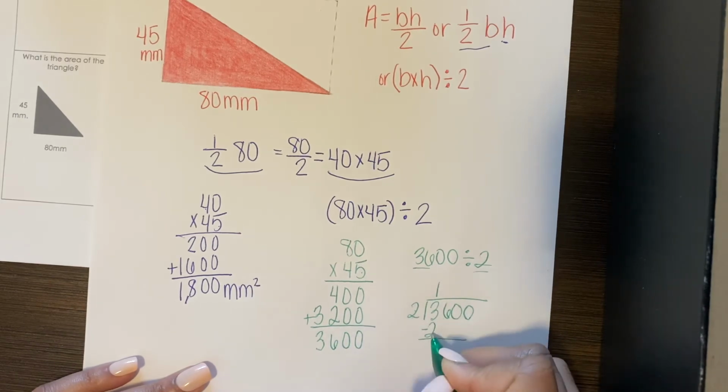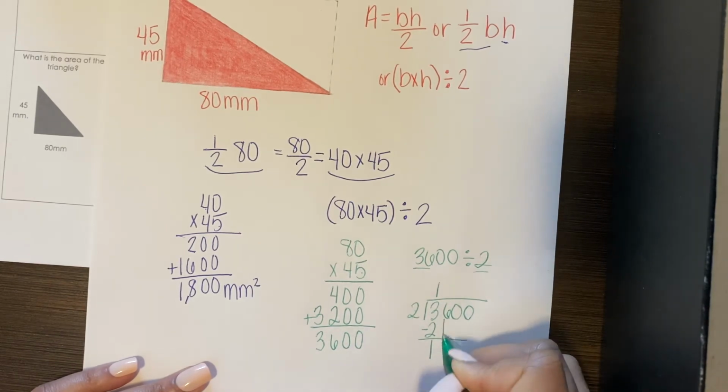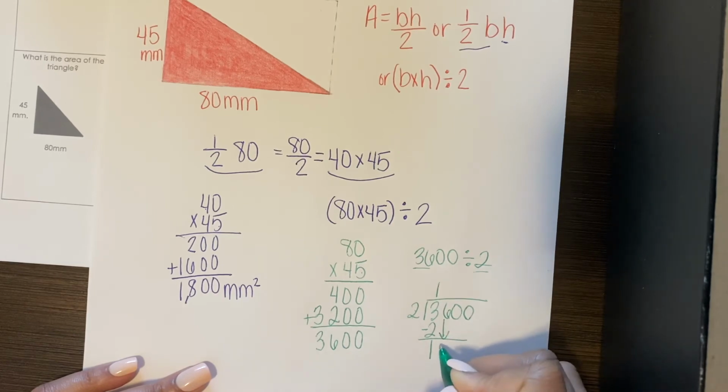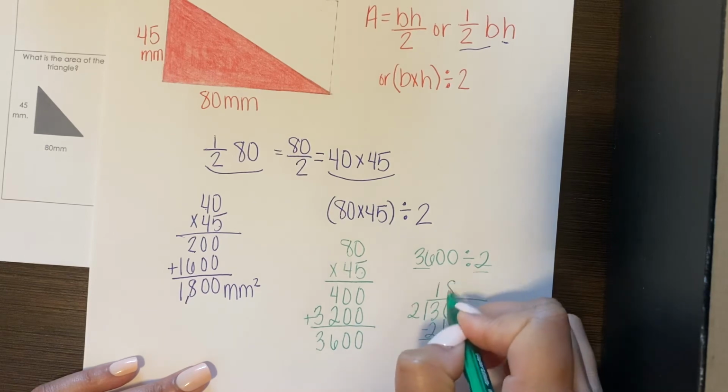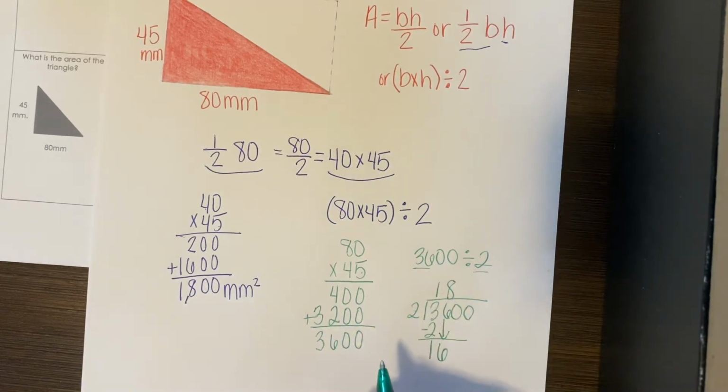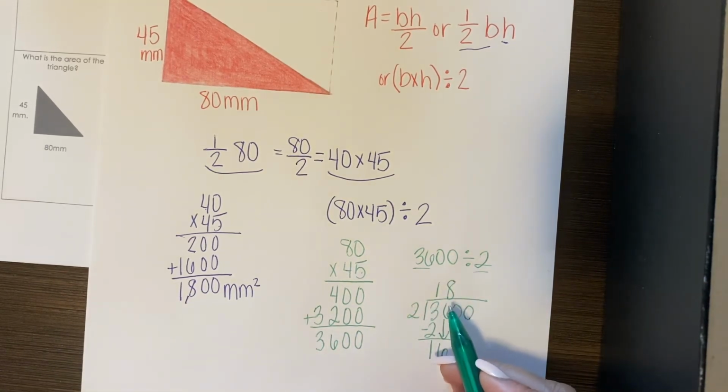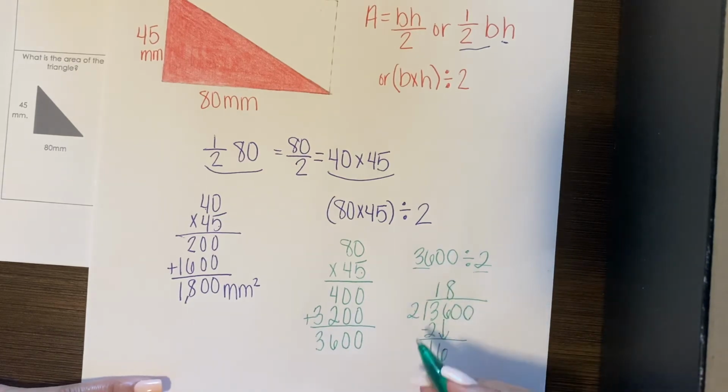Subtract. 3 minus 2 is 1. Bring down your 6. 2 goes into 16 8 times. 8 times 2 is 16.